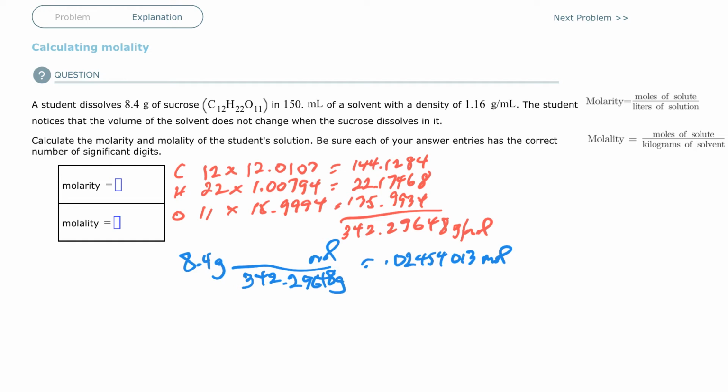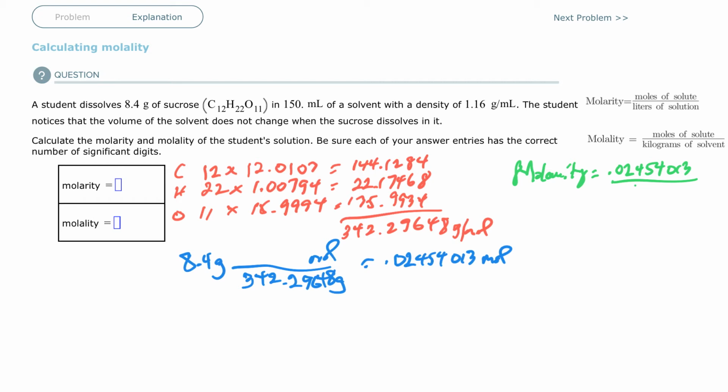Okay, so molarity is going to equal moles, which is 0.0245413, over liters. Okay, so it says 150 mils of solvent, but it notices that it didn't change. So we're going to still say that it's 150 mils of solution.